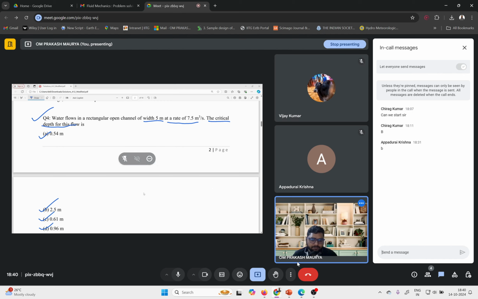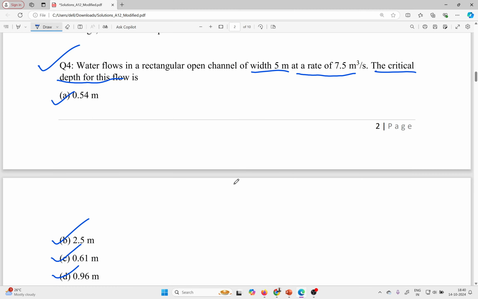Okay, let me solve. In this question, a rectangular open channel with width equal to 5 meter is given. Let us suppose this much flow depth.